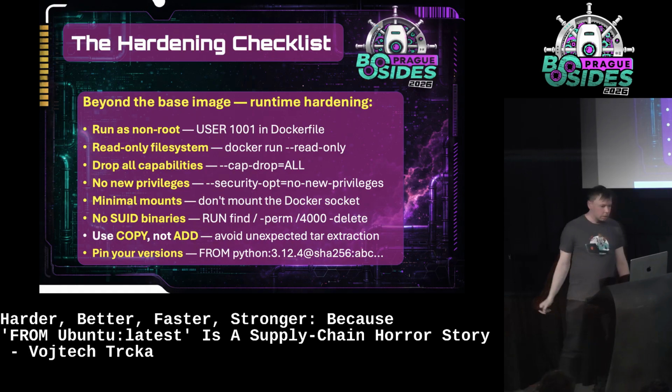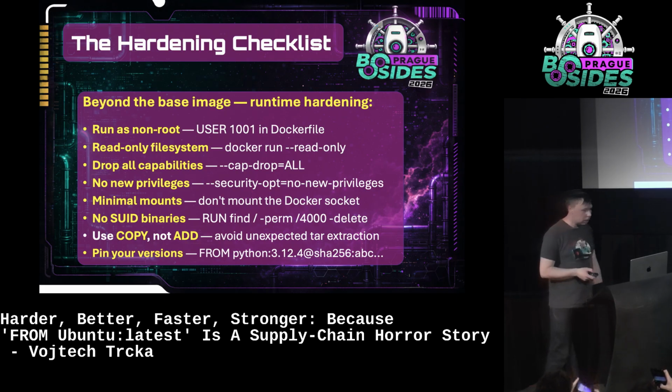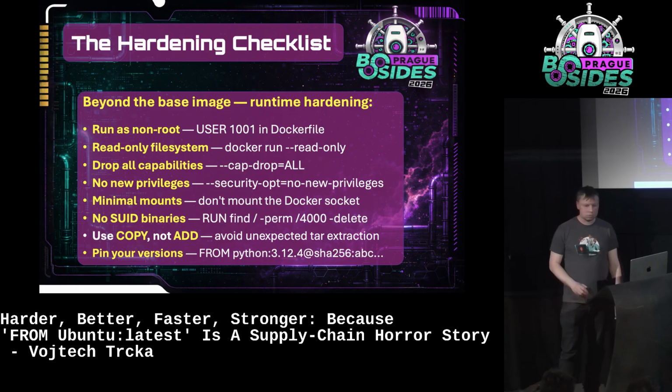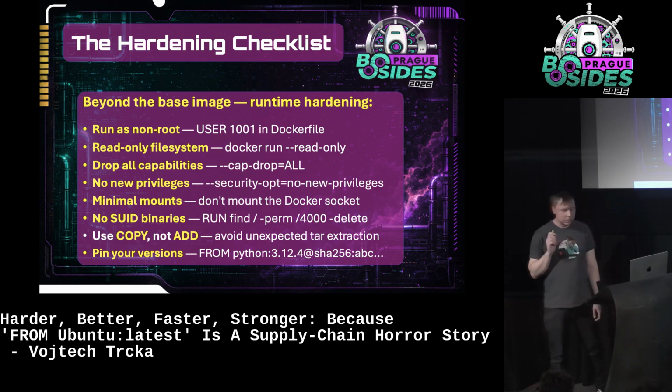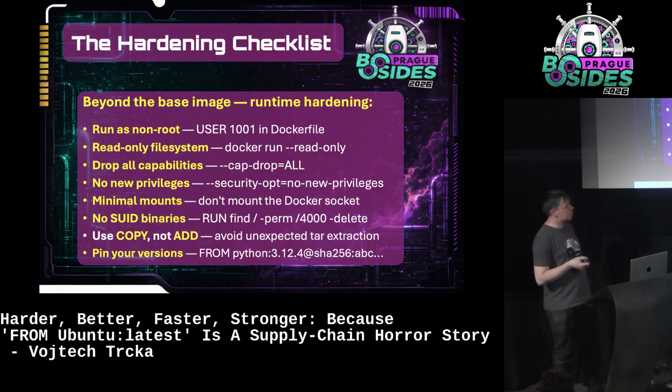So, 5 easy wins plus an extra. 1. Don't run as root. Use user 1001 or a different number. If your app needs root, that's a real problem. Second, make the file system read-only.